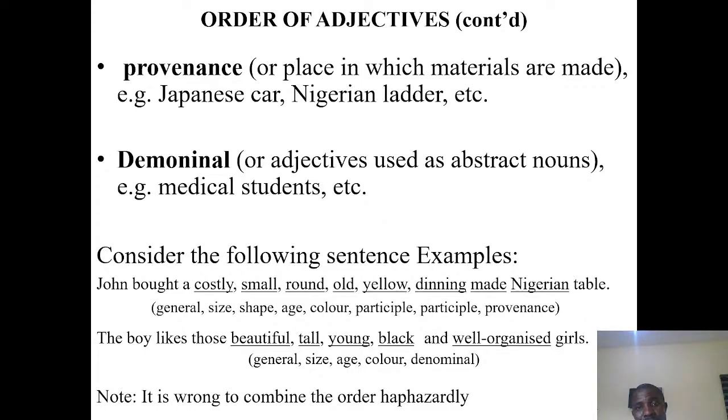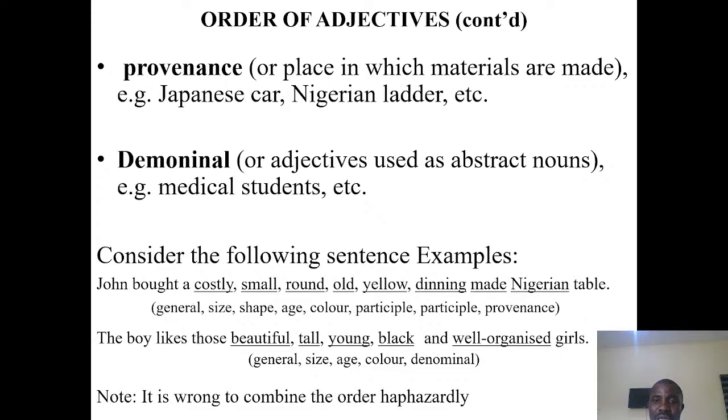Now, if you look at it critically, costly is a general adjective, small is size, round is shape, old is age, yellow is color, dining-made is participle, now used as an adjective. Dining is a participle, made is still a participle, verbs used as adjectives here, and provenance, Nigerian.